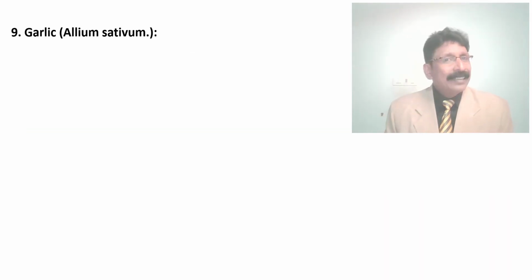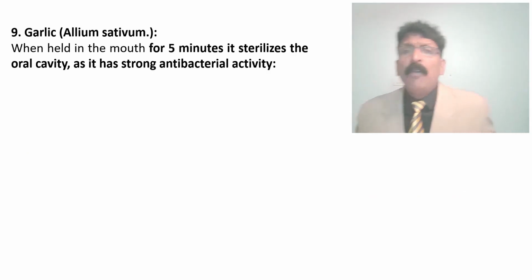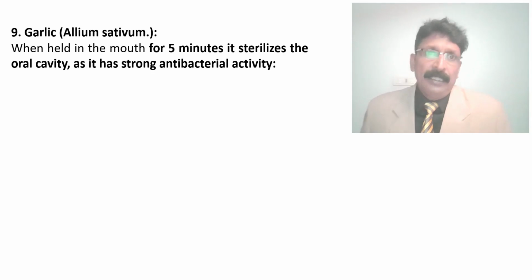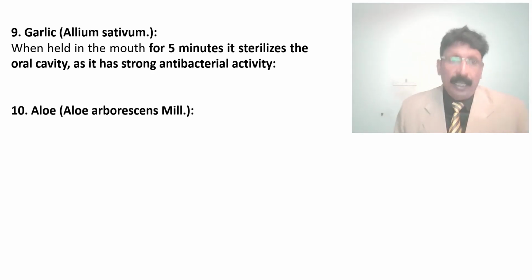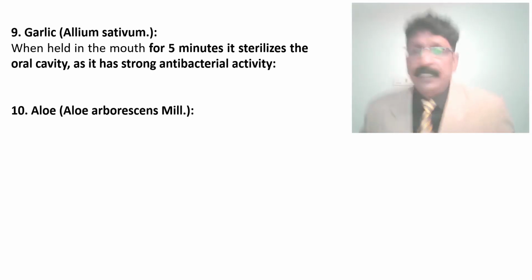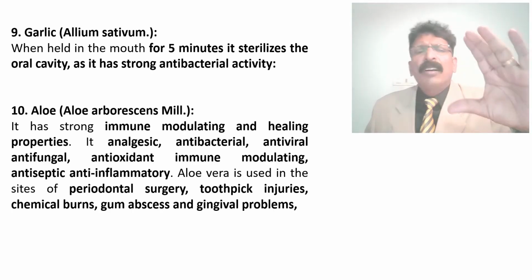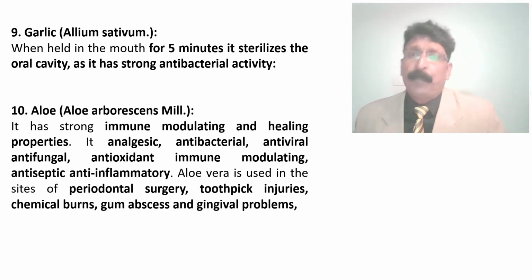Garlic, Allium sativum, when held in the mouth for 5 minutes, sterilizes the mouth cavity as it has a strong antibacterial activity. Aloe arborescens Mill. has strong immune modulating and healing properties.